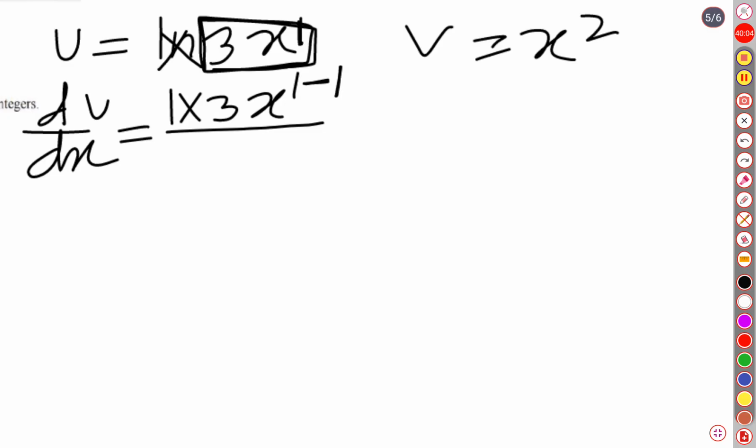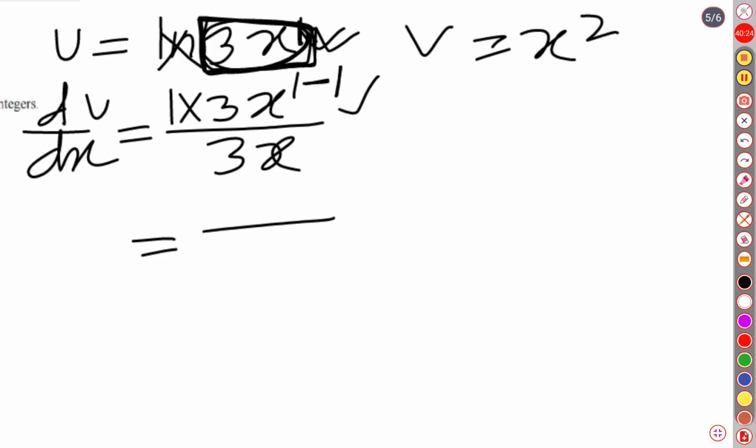And the denominator will be the function, the function is 3x. So what have we learned? In case of an ln function, we will not look at the ln, we will differentiate the inner function, and that will be the numerator, and the denominator will be the inner function as it is.